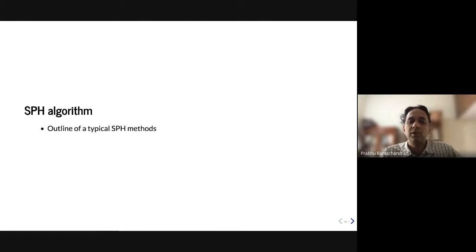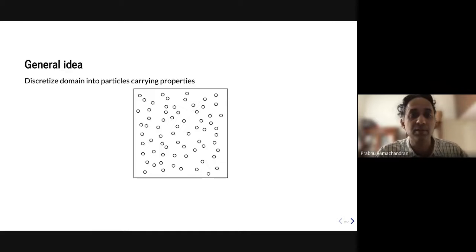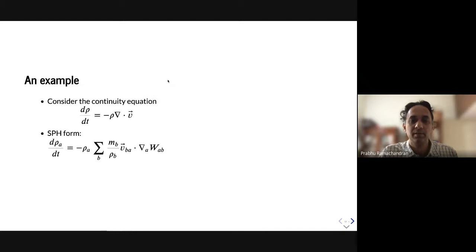All right, now that we know how we can take a differential equation and discretize it using the SPH method, let's look at how a typical SPH method works. I'm trying to get back to the big picture, the 40,000 feet picture. Supposing you have some domain, you discretize the domain into particles carrying properties.